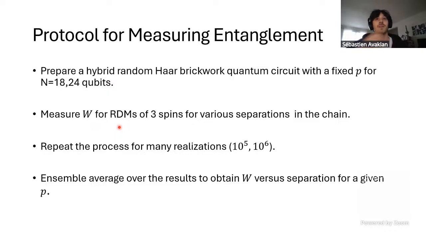We're going to measure W, this criterion, for all of these separations that we can. We'll have to do this process for many realizations, order of 10^5, 10^6. Finally, we'll ensemble average over all these values to get W versus separation for a given P.